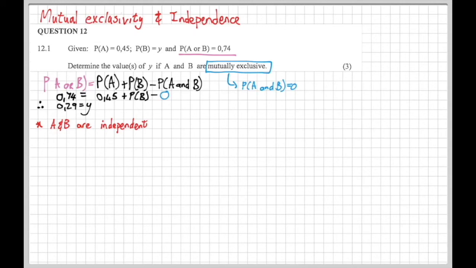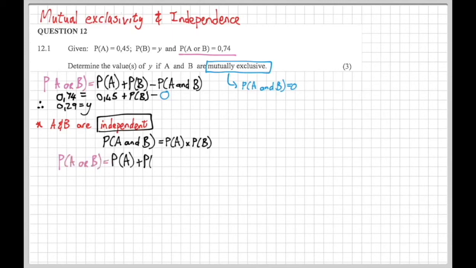Independence takes on a bit of a different story, because independence tells me that the probability of A and B is the probability of A times the probability of B. I'm going to substitute this into the formula: the probability of A plus the probability of B, and I've still got an issue.